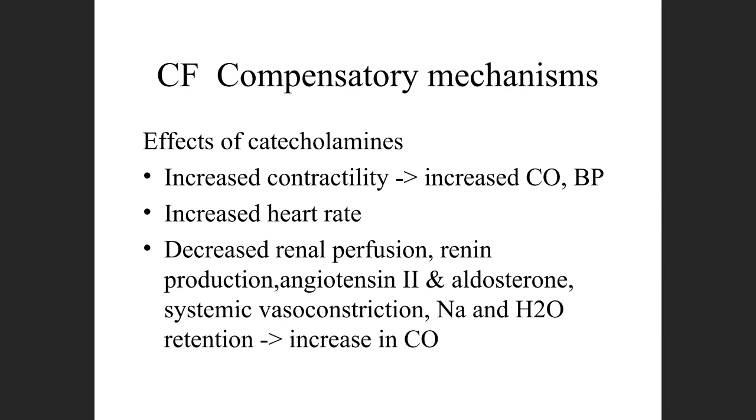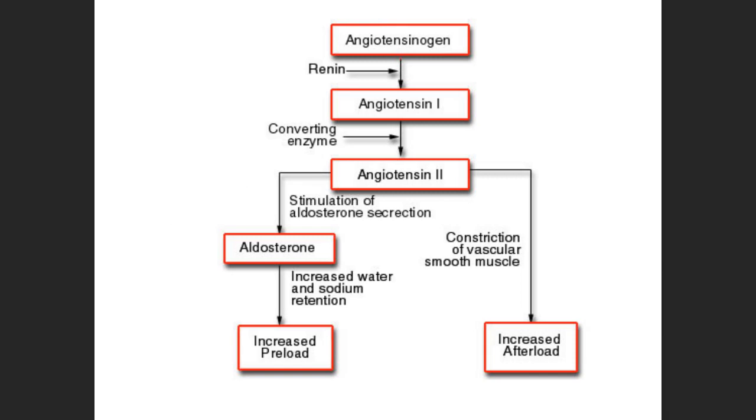So let's go to the next slide. And I would encourage you to commit this diagram to memory because it outlines a lot of things which happen in the cardiac compensatory mechanisms.